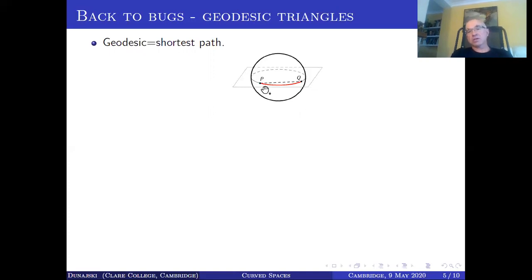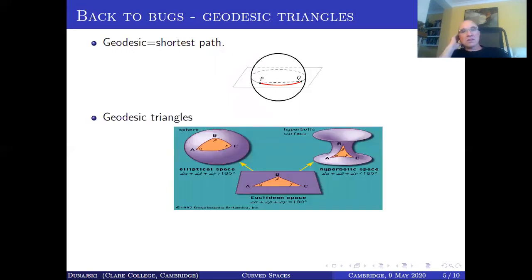And this is the shortest. You cannot do any better going from P to Q. Well, you might be tempted to go from P to Q along a line inside the sphere, but that'll be cheating because you'll be moving away from the surface, right? You can only choose curves on the surface.